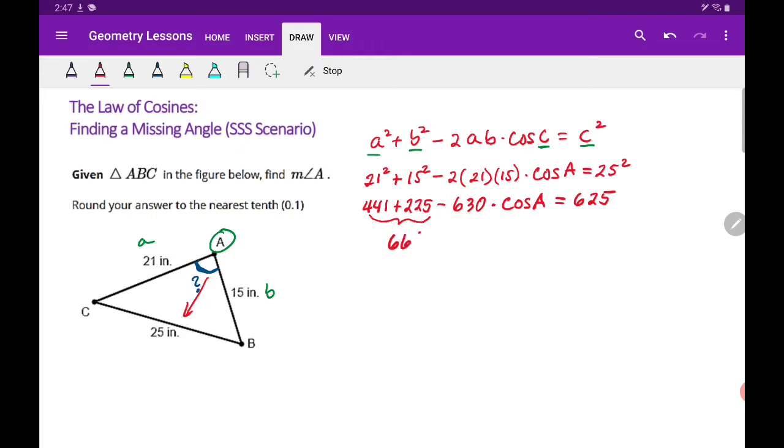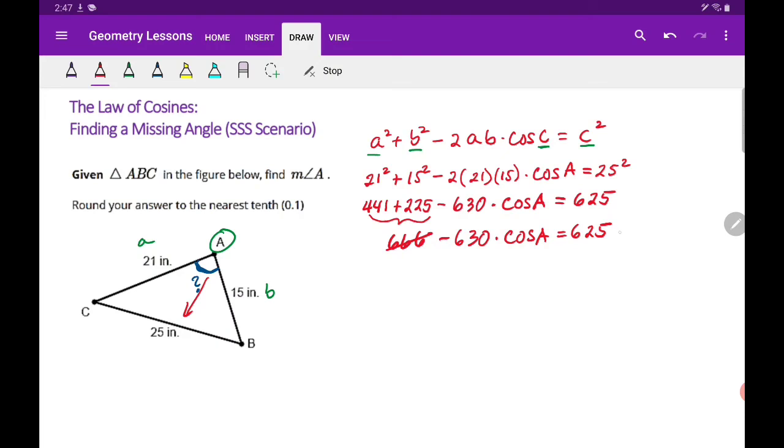Don't worry, 666 is just a number, minus 630 times cosine A is equal to 625. Now we're solving for cosine A, so you want to get cosine A by itself so that we can find the measure of angle A. Let's subtract 666.